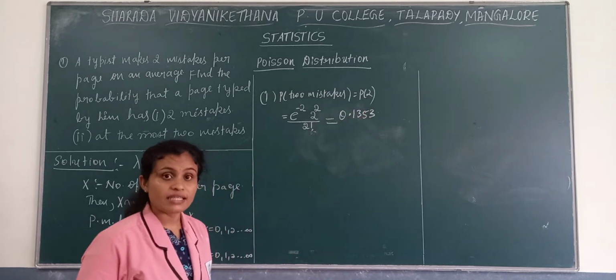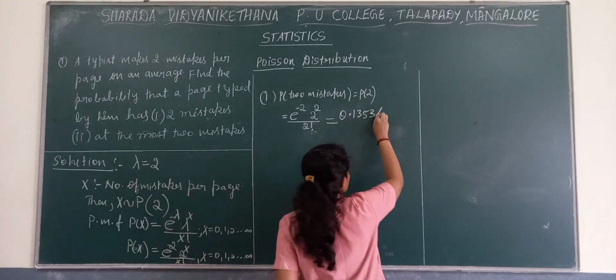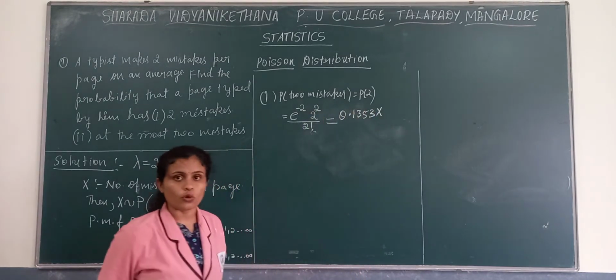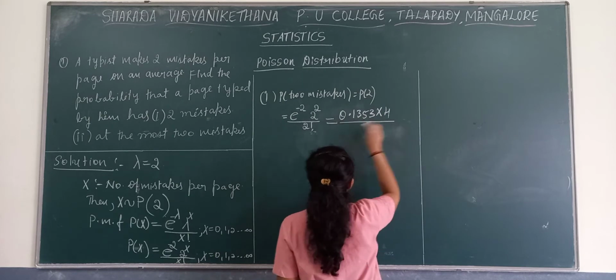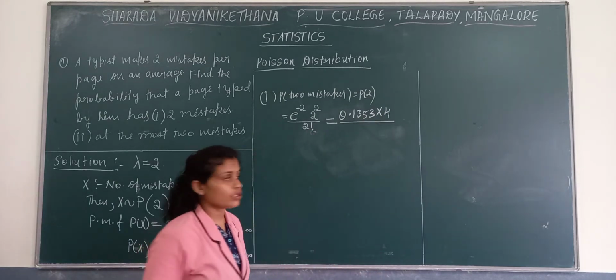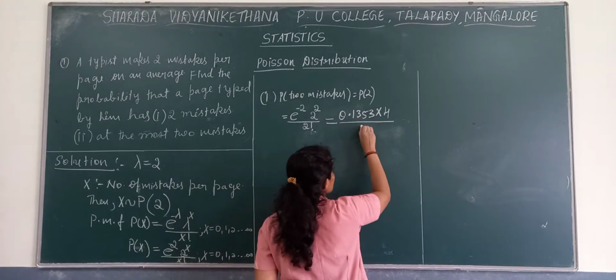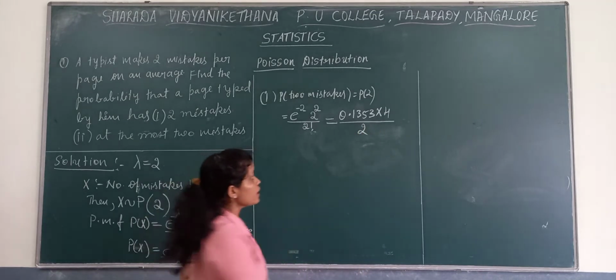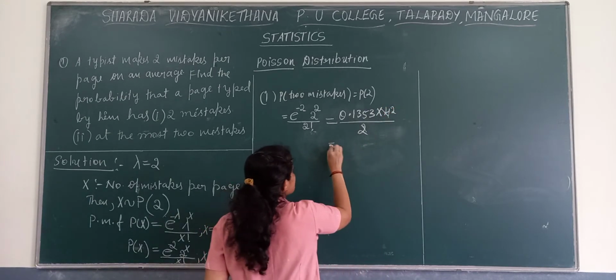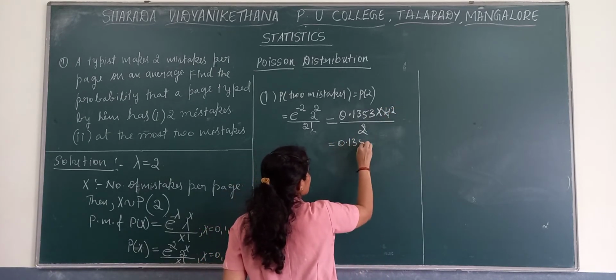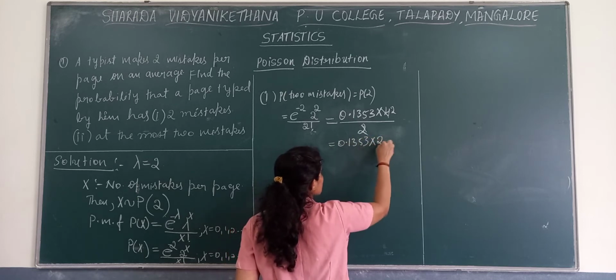0.1353, then into 2 to the power 2, we get 4, divided by 2 factorial, that is 2 into 1, that is 2. So 2 ones are 2, 2 twos are 4. What will remain there? 0.1353 into 2.